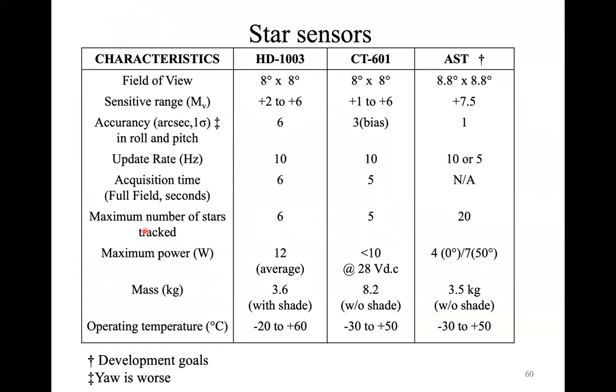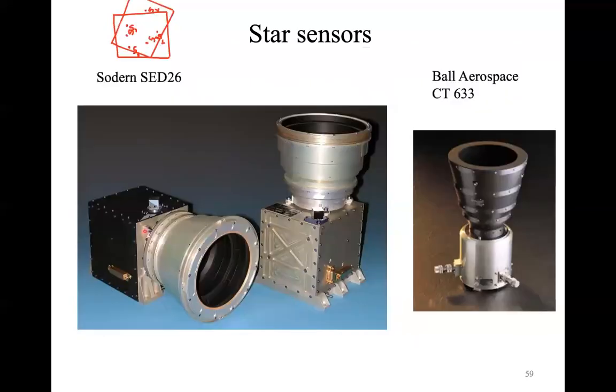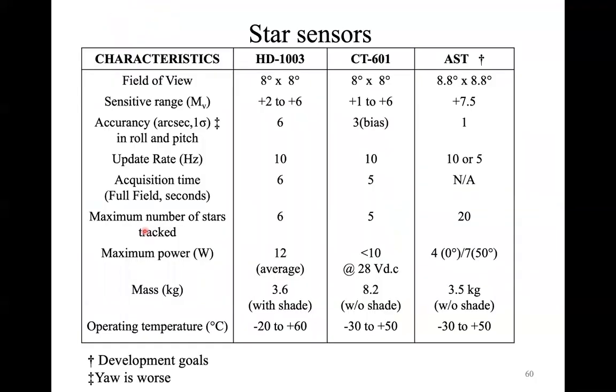This table is, let me see. Okay, these are not the same star trackers, but other star trackers with specific properties. So when you are looking at those instruments, what you have to take into account are the main properties of the instrumentation itself.